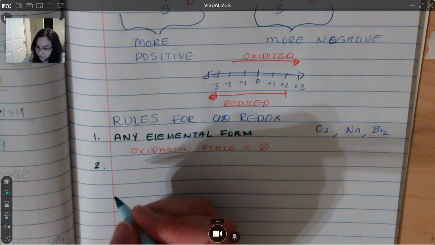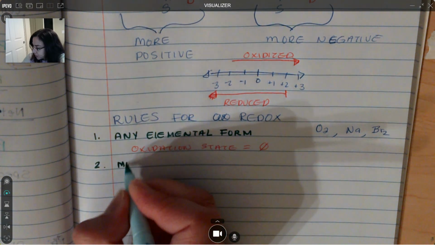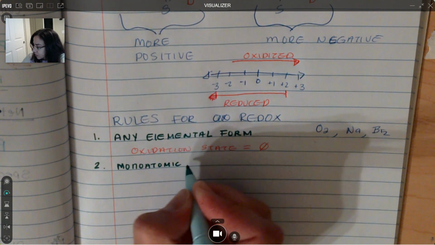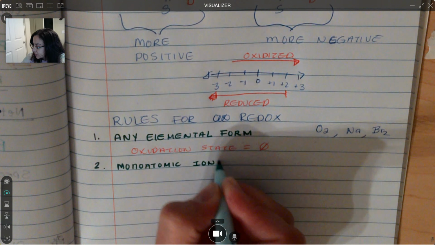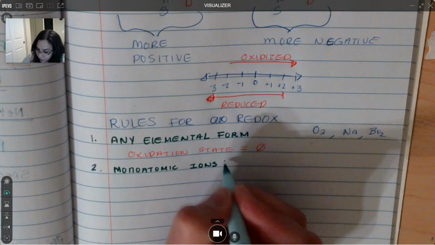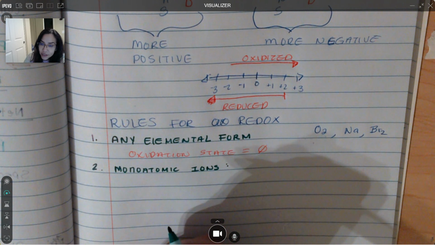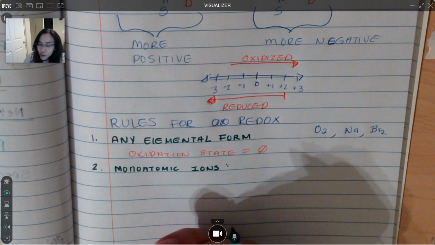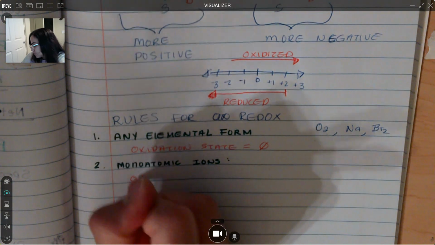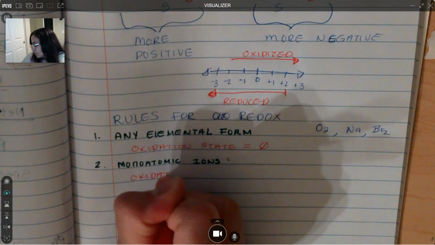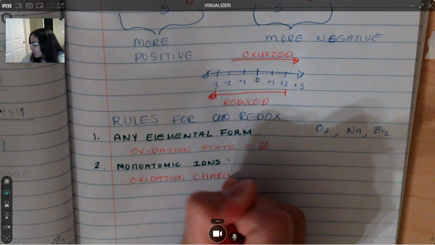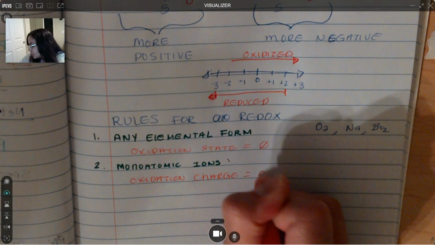monoatomic ions. So this is ions by themselves, single atoms, right? Their oxidation state is going to be equal to the actual charge of the ion.